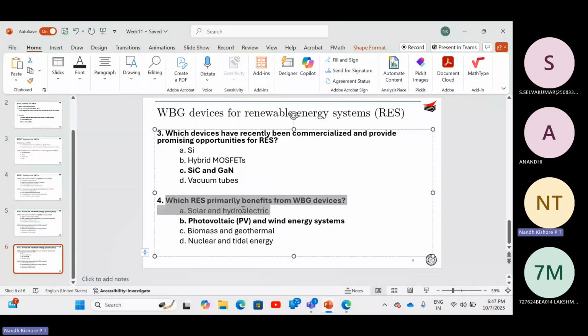So the next question is, what is the main goal of using WBG devices in RES?